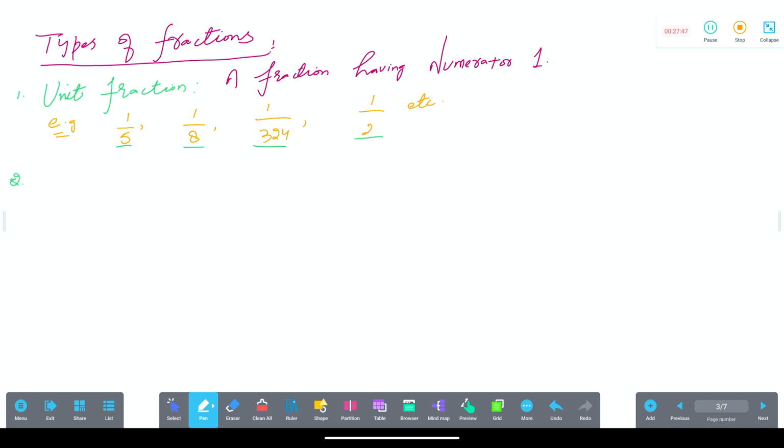Second type of fraction. Let me carry on. So the second type of fraction I will take here is like fractions.